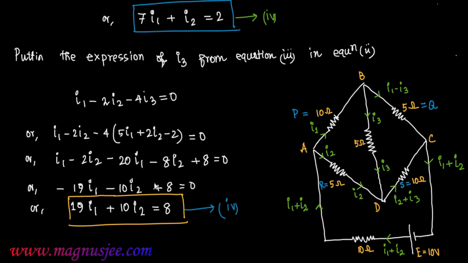Putting the expression of I3 from equation 3 in equation 2, we get 19I1 plus 10I2 equal to 8. And doing what?